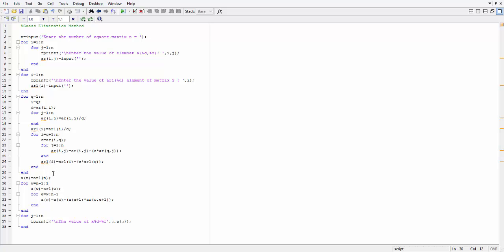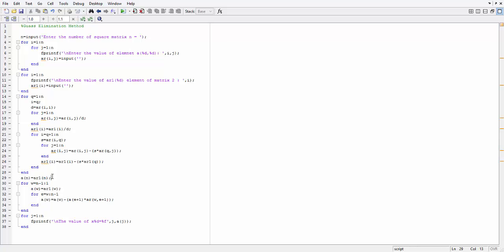Now we come to the part in which we have to do backward substitution. The last row of the matrix would look like 0, 0, 1 equal to 6. So we write z is equal to 6. Now that we know the value of z, we do backward substitution: put the value of z in the second equation, then we find the value of y, and now we know z and y.